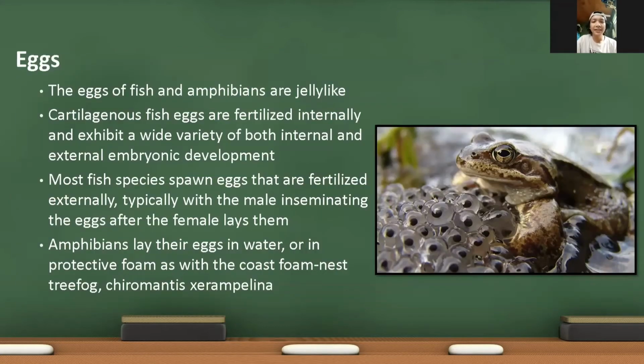Eggs. The eggs of fish and amphibians are jelly-like. Cartilaginous fish are fertilized internally and exhibit a wide variety of both internal and external embryonic development. Most fish are fertilized externally, typically with the male inseminating the eggs after the female lays them.